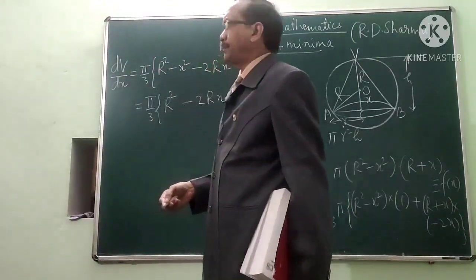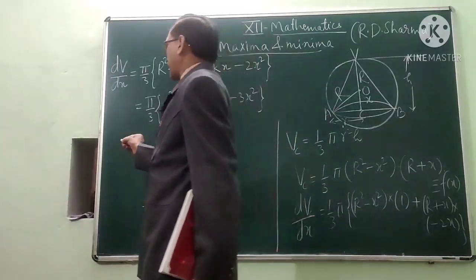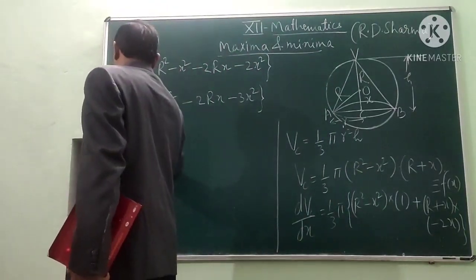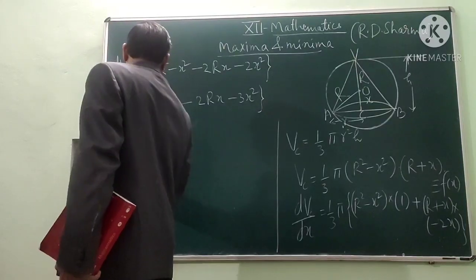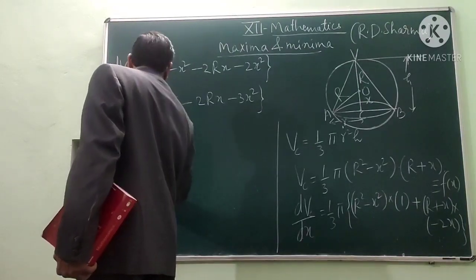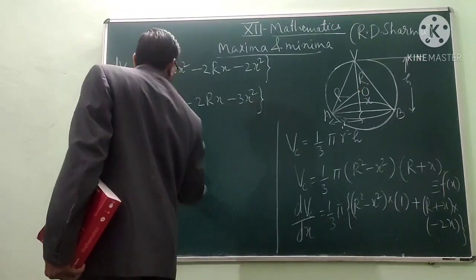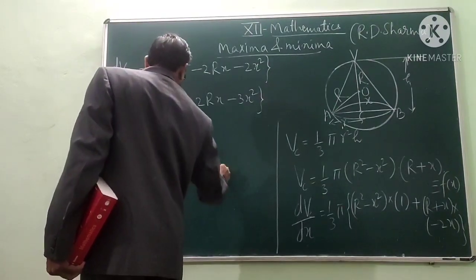Since the first order derivative is 0 for maxima and minima, we get R square minus 2Rx minus 3x square equal to 0.